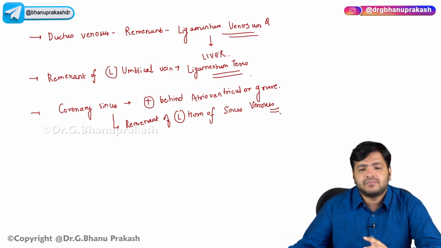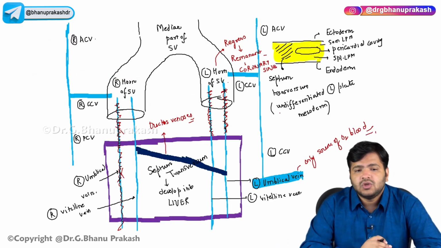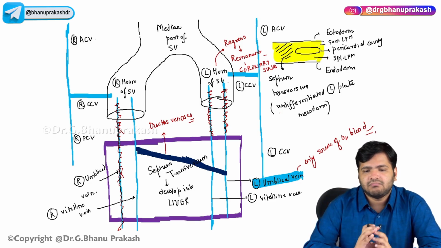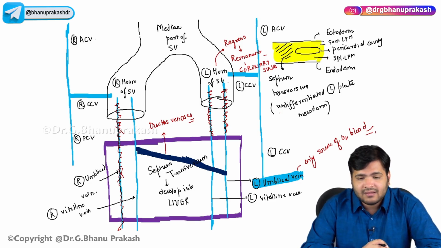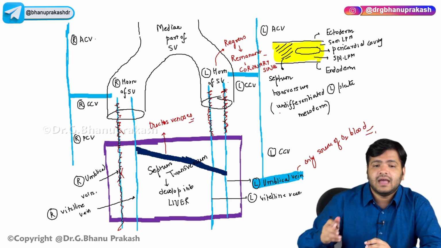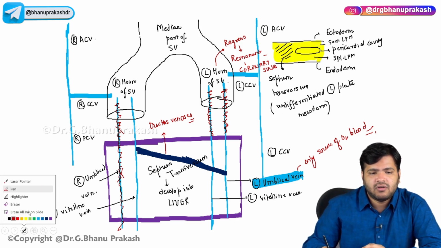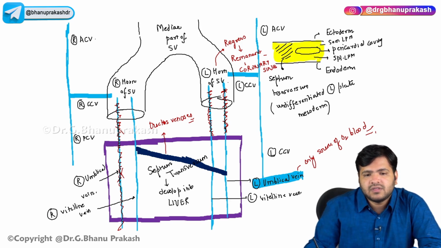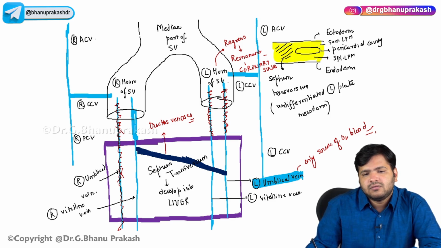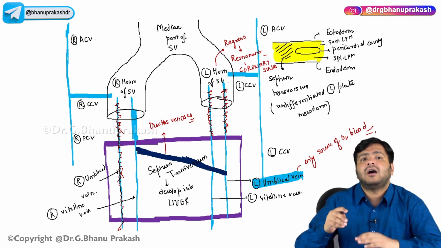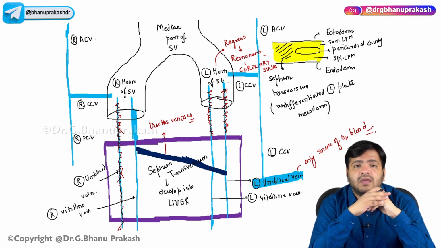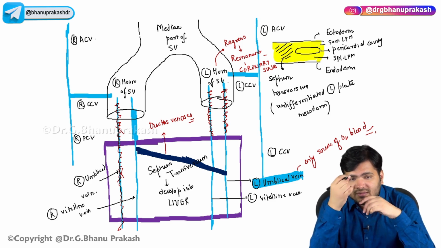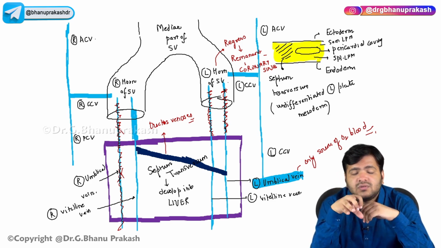So yes, over here you can see that there is a connection between the developing liver that is developing from the septum transversum and the right horn, right. I'm talking about this connection which I'm highlighting right now, which is above the septum transversum, above the developing liver, connecting this developing heart to the developing liver.